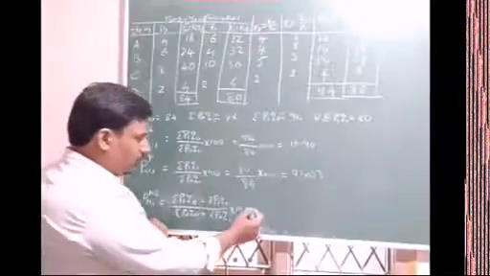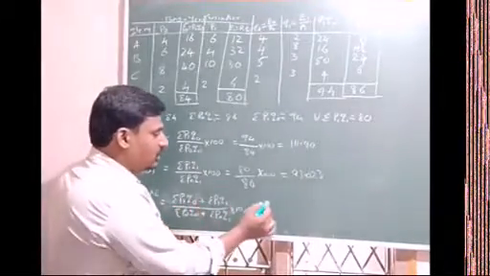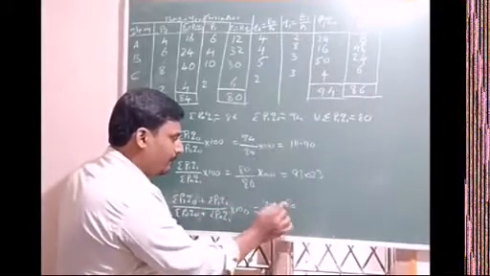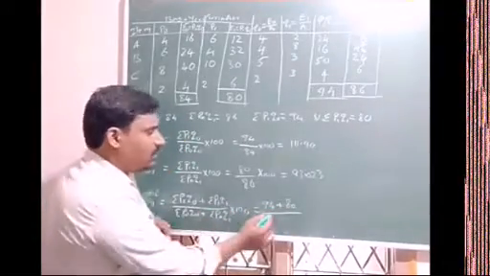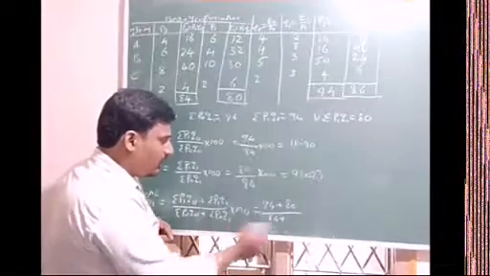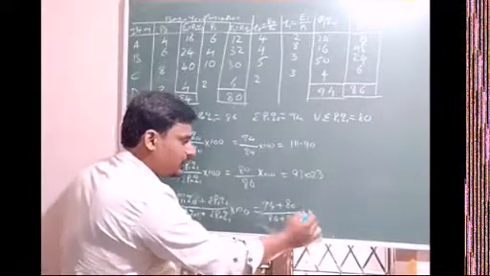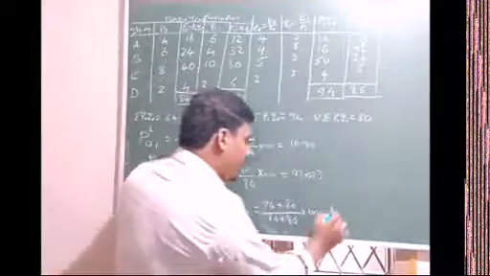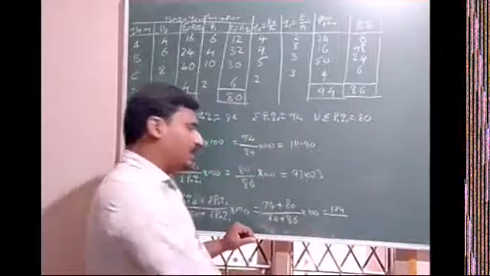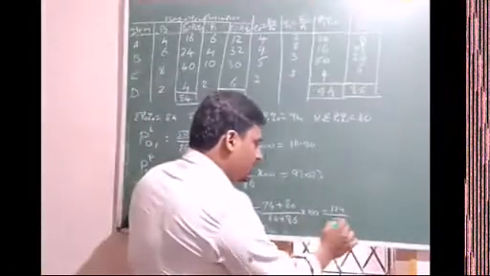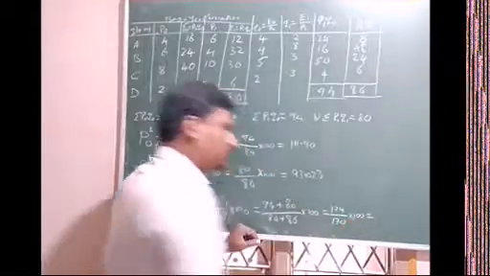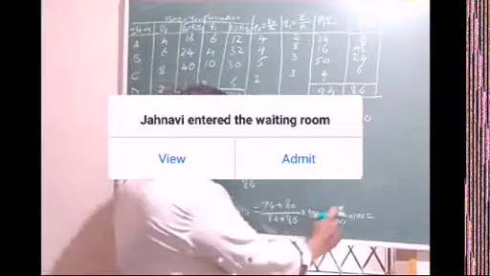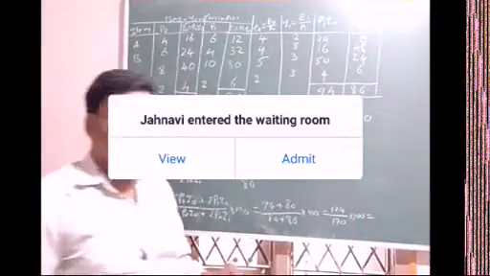Now finally, summation P1Q0 94 plus summation P1Q1 80 divided by summation P0Q0 84 plus summation P0Q1 86 into 100 is equal to 94 plus 80, 174, divided by 84 plus 86, 170, into 100. So how much? 174 divided by 170 into 100.